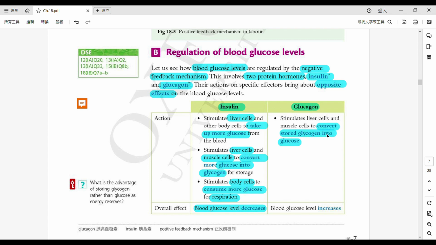And the other hormone is glucagon. Glucagon means it has the opposite effect. So this time it's going to convert the glycogen into glucose. Therefore its effect is to increase the blood glucose level.